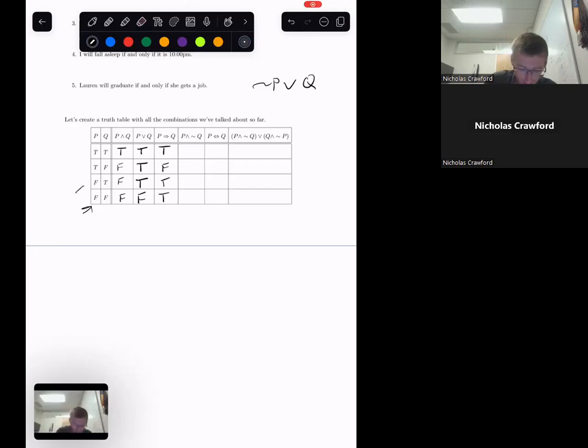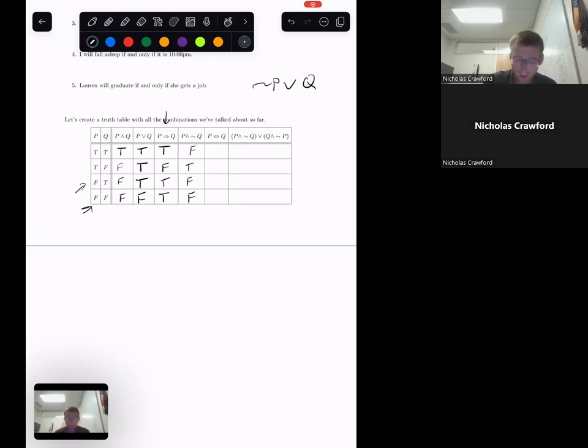So this is false and this row is false, but I get those two true truth values, okay? Now let's negate our if-then statement, which is just negating this column right here. So that will be false, true, false, false.